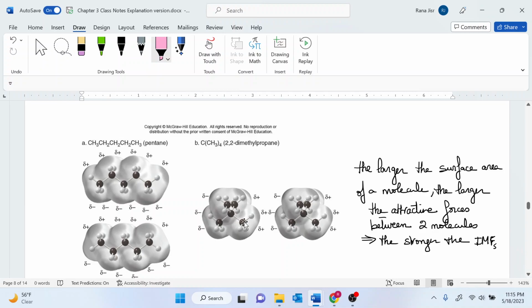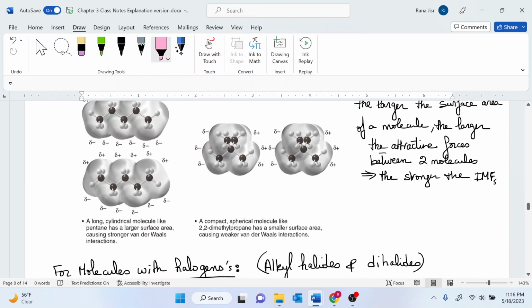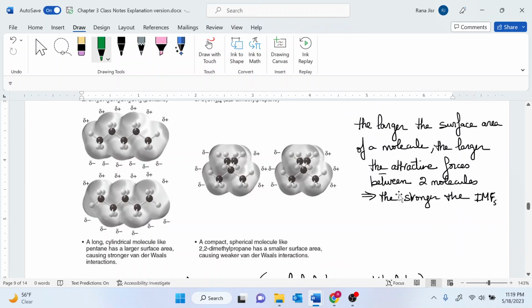If it is a compact molecule, then the electron density is going to be smaller because the surface area is smaller. So the attraction is going to be weaker. As the surface area becomes larger, with no branching, the van der Waals forces increase. But still, the van der Waals forces are the weakest type of intermolecular forces.